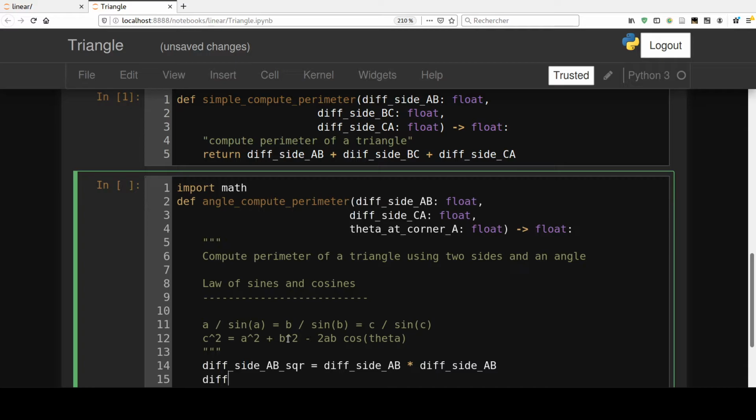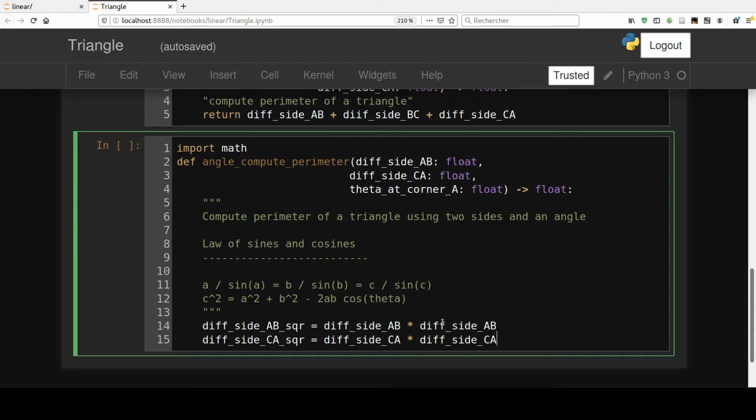Then diff side CA squared. I'm trying to use variable names that speak. Normally I would just write A, B or something like that.